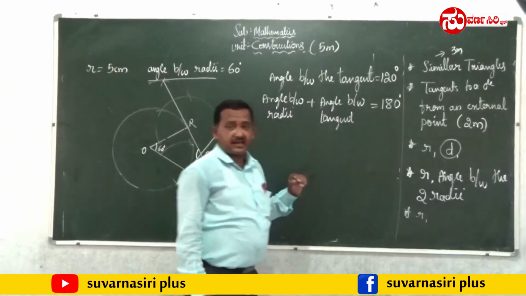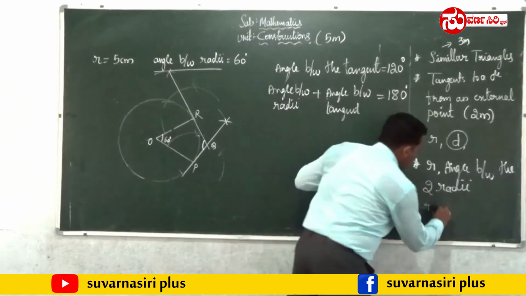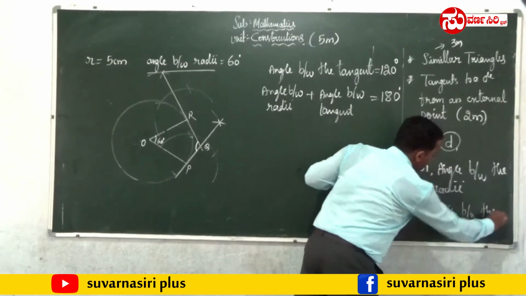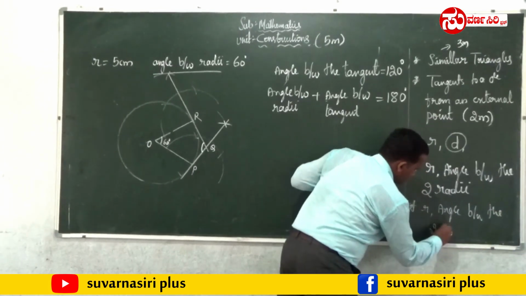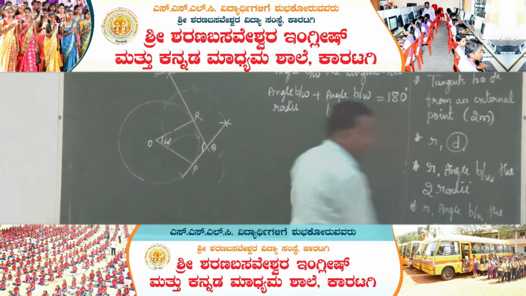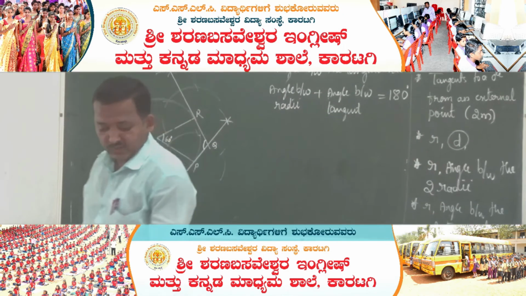The third case of the problem, if I look here, is that the radius of the circle will be given, and the angle between the two tangents.